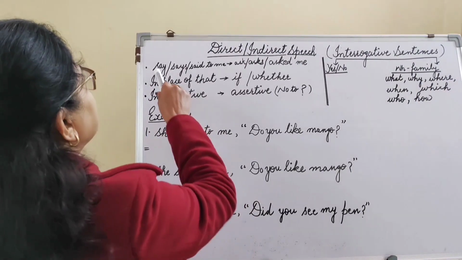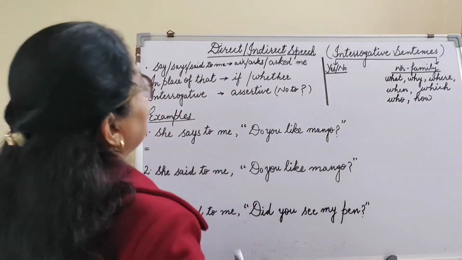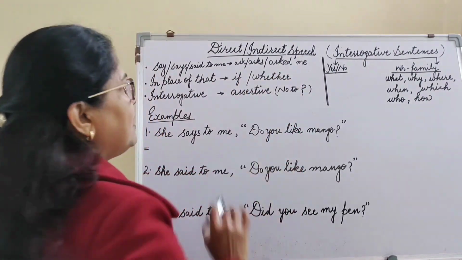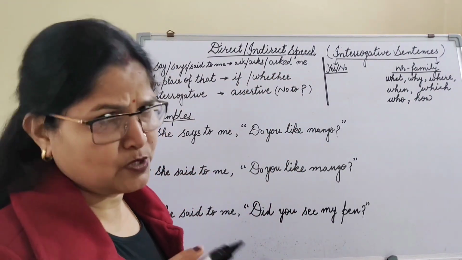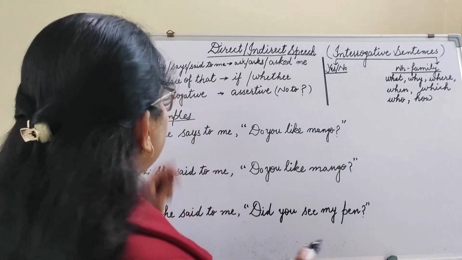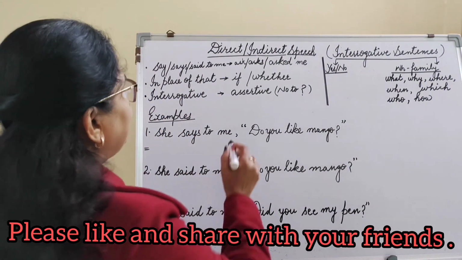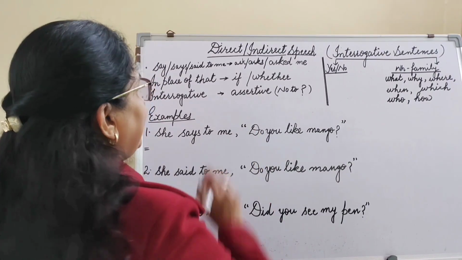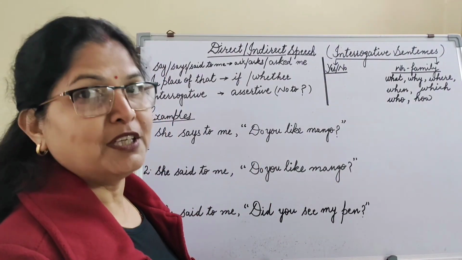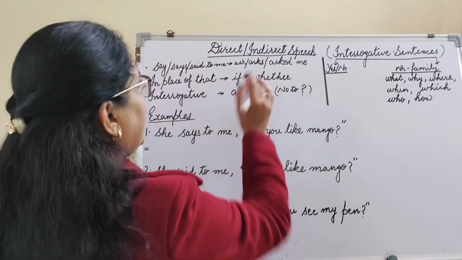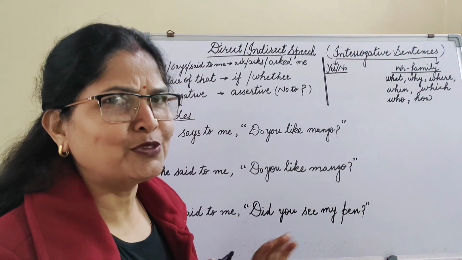First thing, say, says and said to me will change to asked, asked and asked me. First point is clear. Second point, in place of that, where we were removing this comma and inverted comma, there we will be writing what? If or whether. So no use of that.